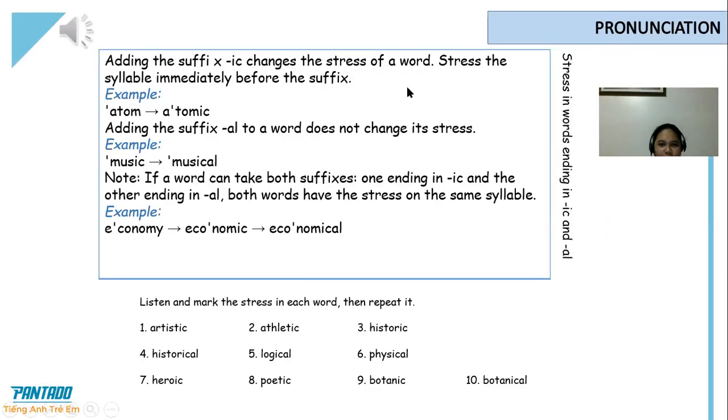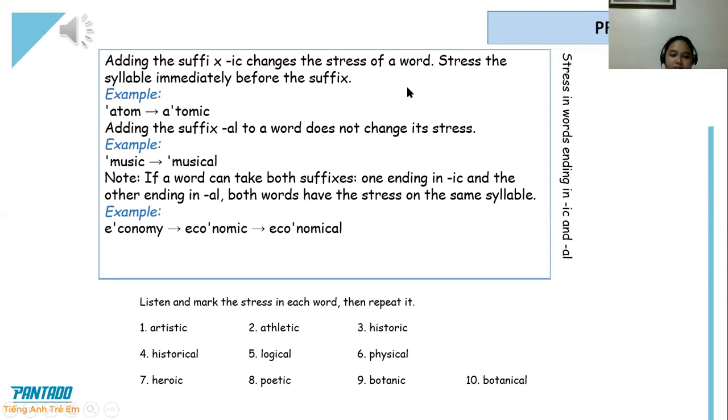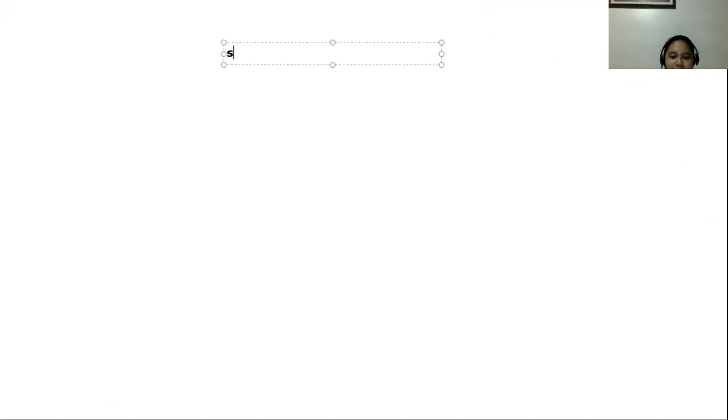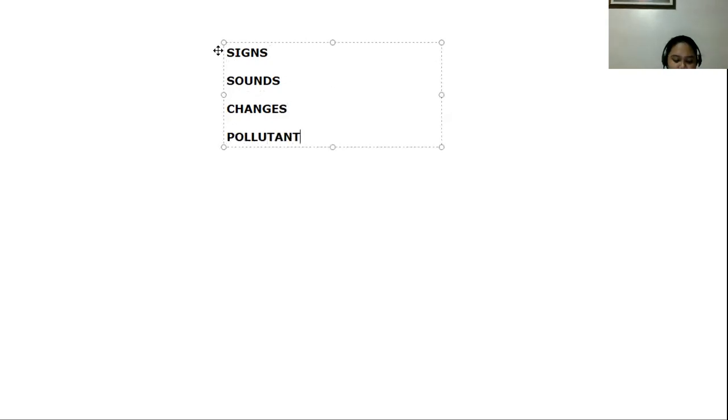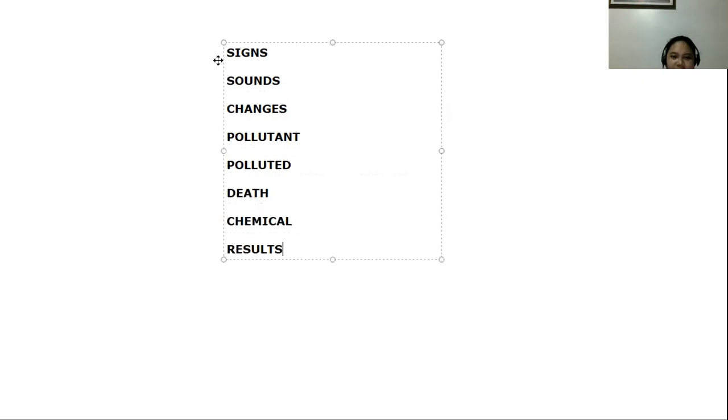So here, before that, let's practice some words. Can you please read this?